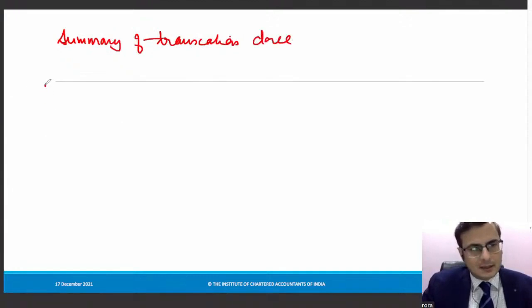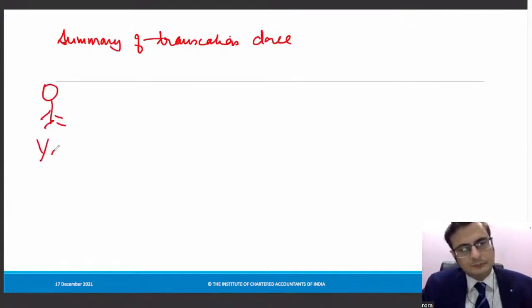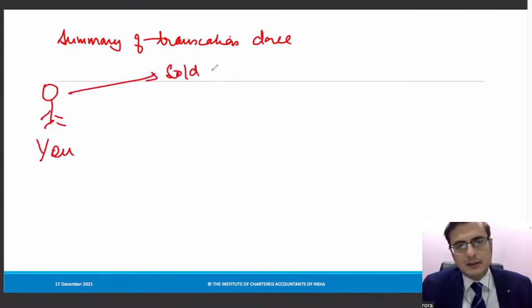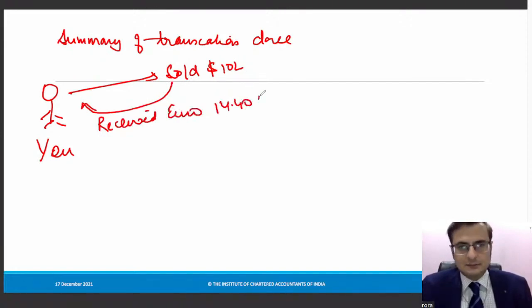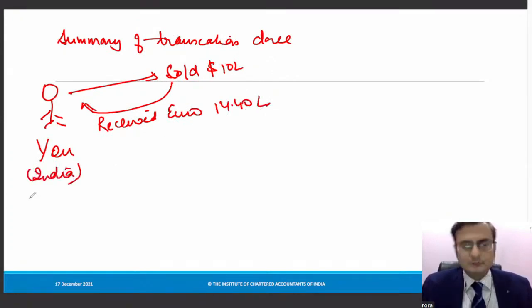This is you. What you did is you sold dollars, 10 lakhs, and you received euro worth 14 lakh 40,000. You are in India. You received euros. Now you have to square off this transaction.